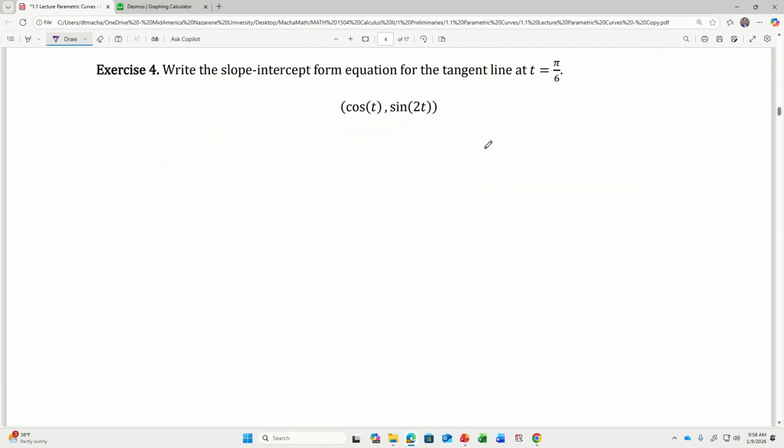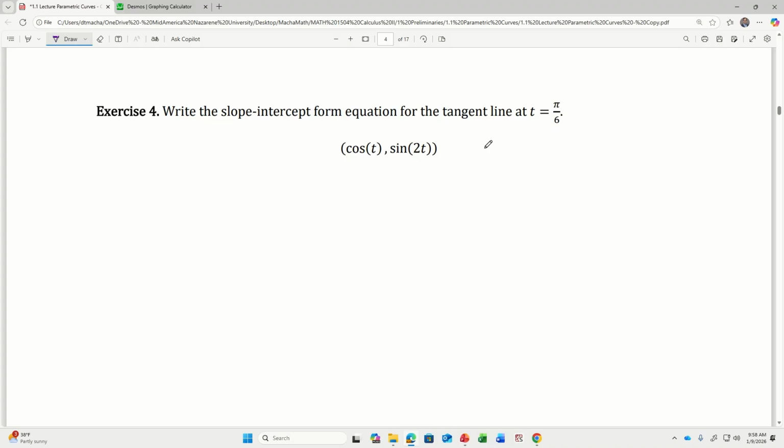Okay, exercise 4. Write the slope-intercept form equation for the tangent line at t equals pi over 6.